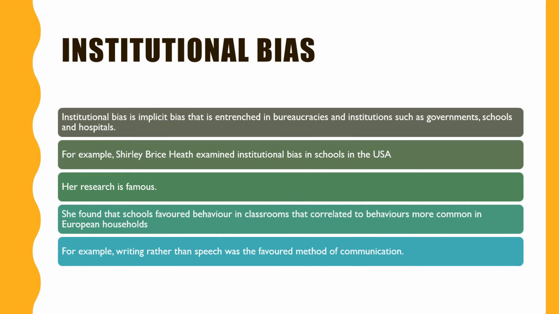So, for example, she suggests that African American children grow up with a culture of oral transmission of knowledge, and that schools favour written transmission of knowledge, so that when African American children get to schools, they are automatically disadvantaged because their way of transmitting knowledge is through oral behaviours, through talking and acting things out.